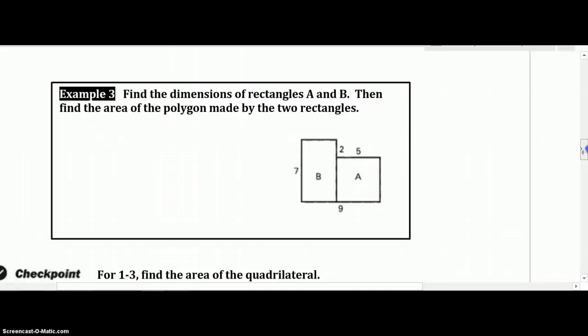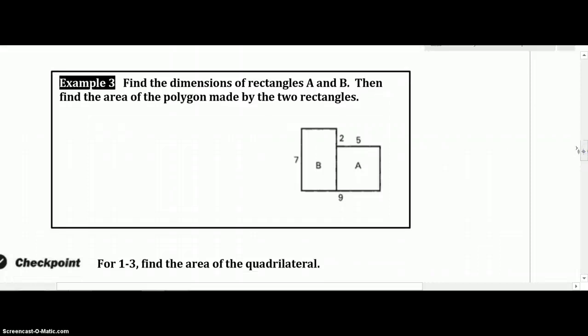Example 3, find the dimensions of rectangles A and B, then find the area of the polygon made by the two rectangles. Okay, so rectangle A we know is 5 by something, but we don't know this height right here. So we need to look at the fact that this height is 7 and this height is 2.